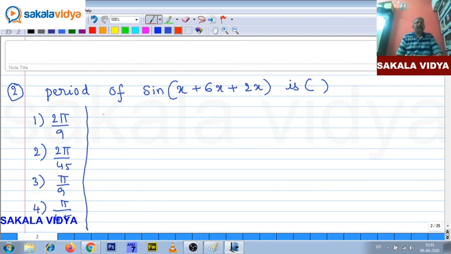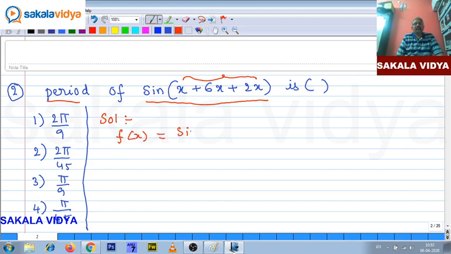Okay. So now the period of sine of x plus 6x plus 2x is, that means we need to simplify this one. The solution: the function becomes like this. Say f of x equal to sine of 6x plus x, 7x, that is 9x.